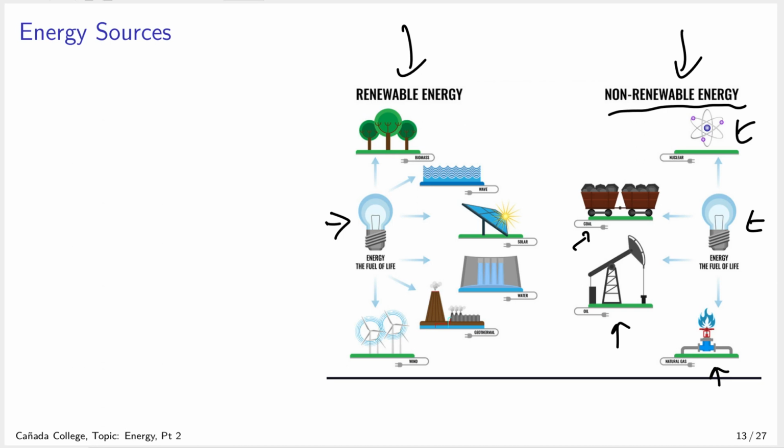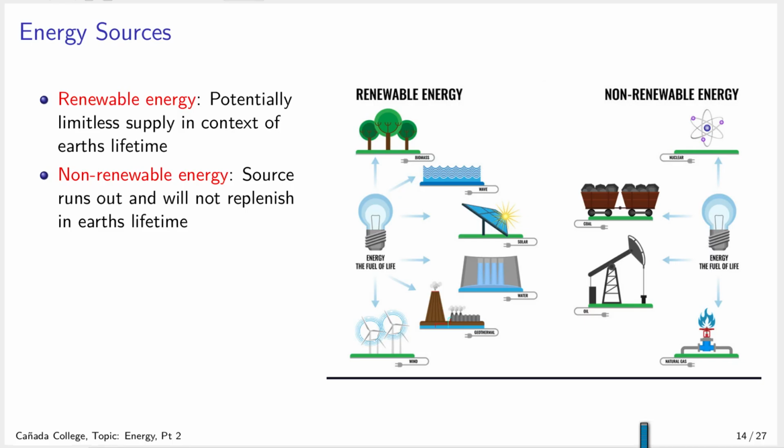Alternately, you can be using renewable energy, such as by burning biomass, by water waves, by solar energy through solar panels, by hydroelectric power through dams, by geothermal power stations, or by wind energy. And these are known as renewable.